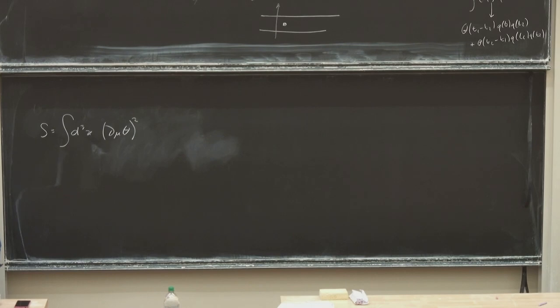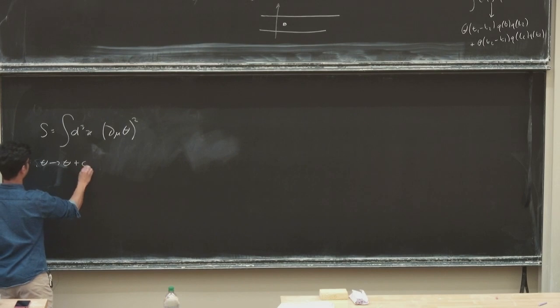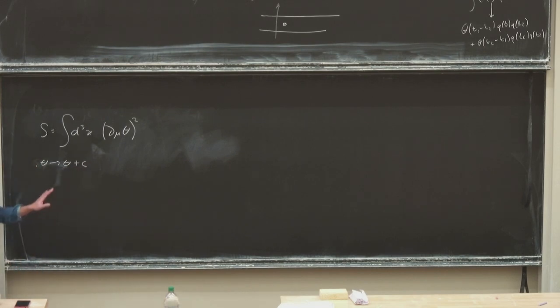One of them is of a higher-form type, so technically I shouldn't talk about it till tomorrow, so I'll leave that one out. But this is an obvious symmetry: θ goes to θ plus a constant. This is a symmetry of that Lagrangian.